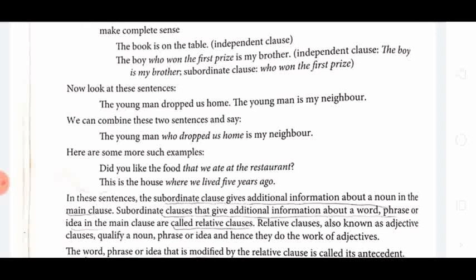A subordinate clause that gives additional information about a word, phrase or idea in the main clause is called a relative clause. Relative clauses are also known as adjective clauses; they qualify a noun, phrase or idea, and hence they do the work of an adjective.